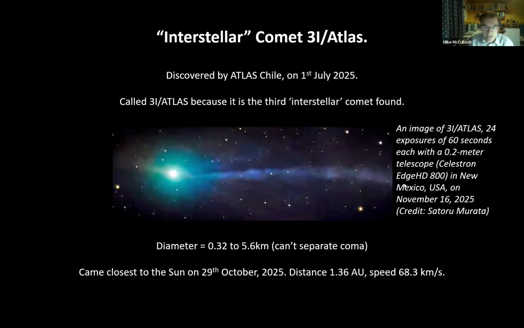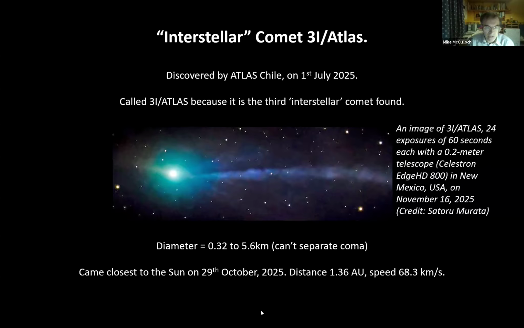This is, I think, the best image of it that was taken. It was taken in New Mexico by a Celestron Edge telescope by Satoru Murata. You can see the normal tail here, and there's also an anti-tail. It's a very large one, as I'll show in a minute.